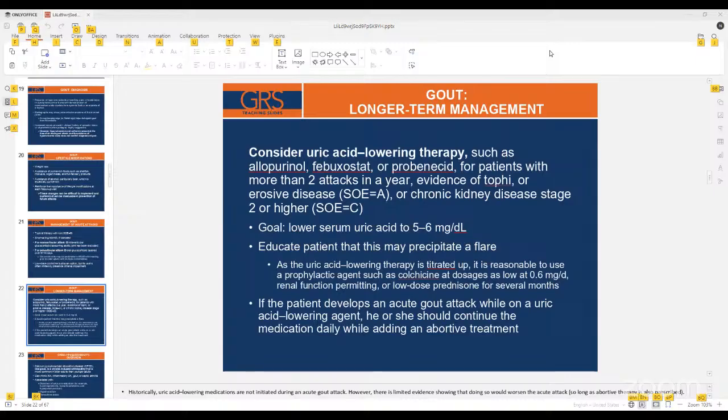As uric acid lowering therapy is titrated up, it's reasonable to use a prophylactic agent such as colchicine at a dosage as low as 0.6 milligram, if renal function permits, or low-dose prednisone for several months. If the patient develops acute gout attacks while on a uric acid lowering agent, he or she should continue the medication daily while adding an abortive treatment. Slide, please.